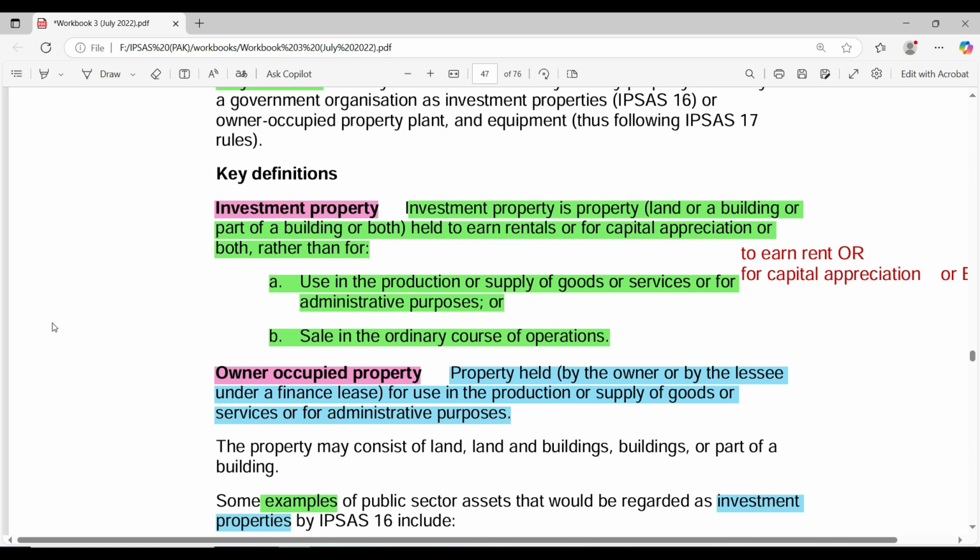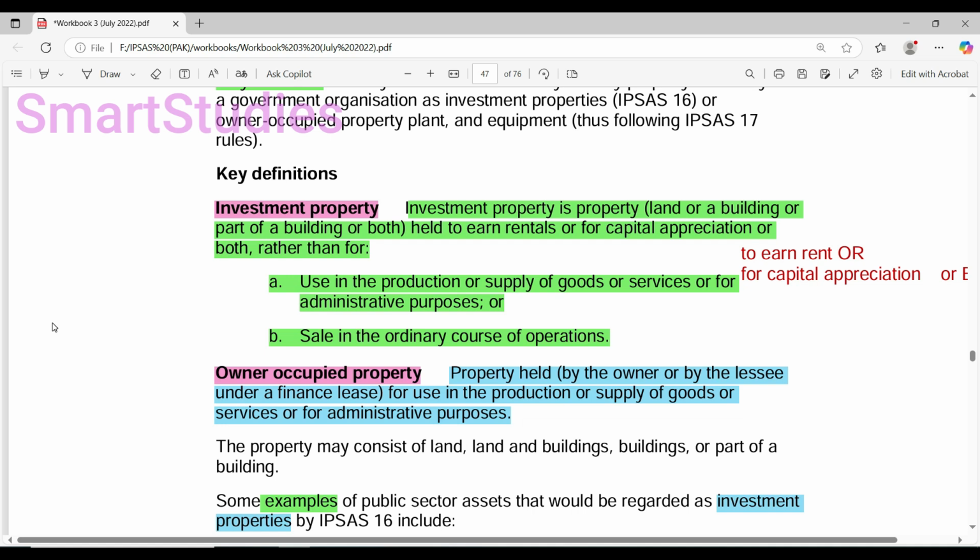Investment property is property, land or a building or a part of a building or both, that is held to earn rentals or for capital appreciation or both, rather than for use in production or supply of goods or services or for administration purposes. The properties which are used in production are not investment properties.